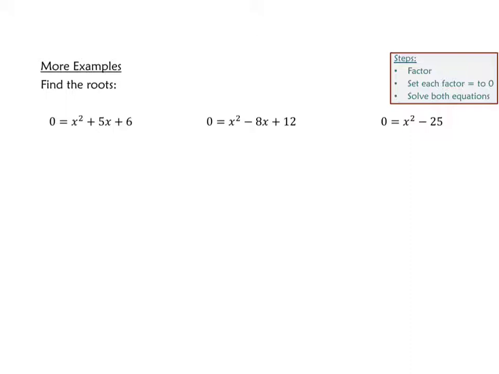So we need to know, A is 1, C is 6, so 1 times 6 is 6, B is 5. What two numbers multiplied together equal 6 and added together equal 5? I'll let you think about that, but if you guessed 2 and 3, you are correct. 2 times 3 is 6, and 2 plus 3 is 5.